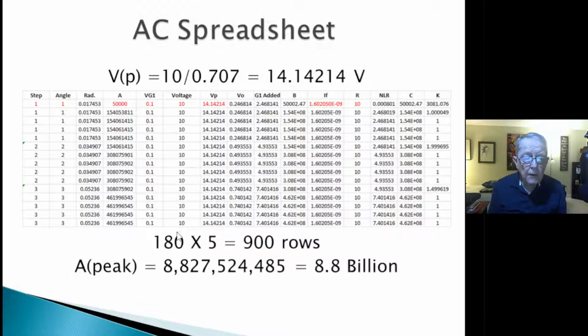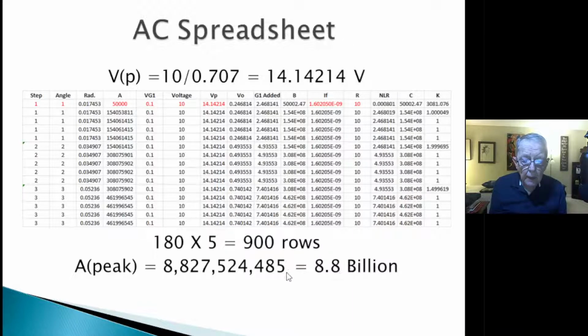When I got all done, I ended up doing just a half cycle, because the TPM model has 2 positive half cycles, so I only need to do it for 1 half cycle. I actually did it for 180 degrees, but there are 5 entries per degree, so I had a 900-row spreadsheet doing the calculation, and I ended up with a peak of 8.8 billion.